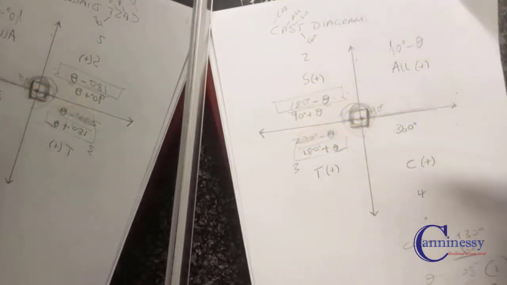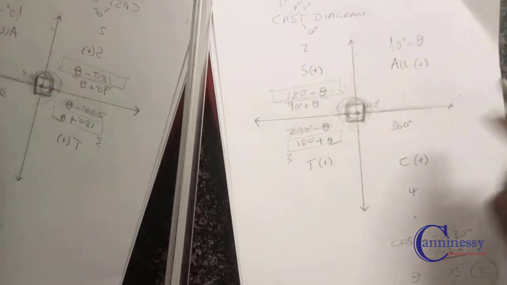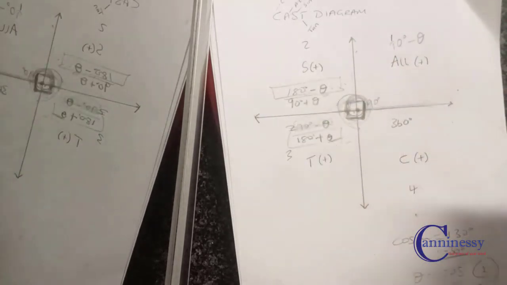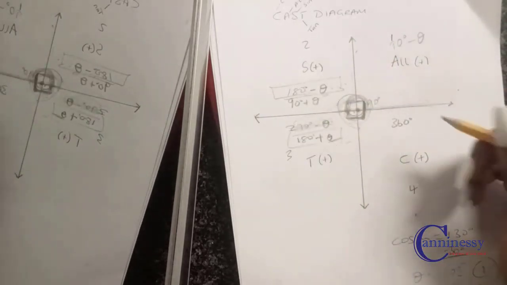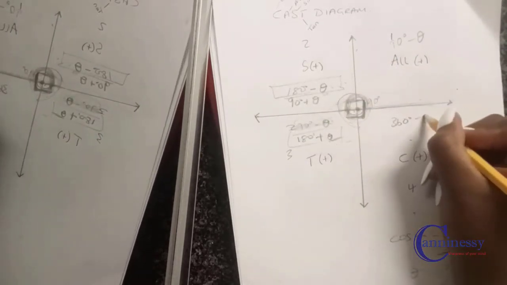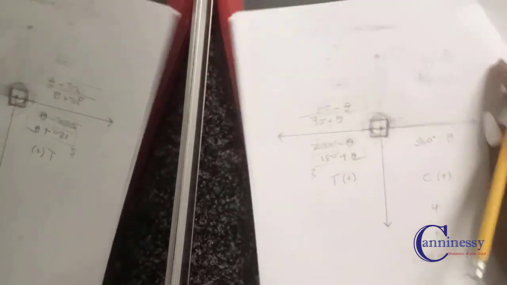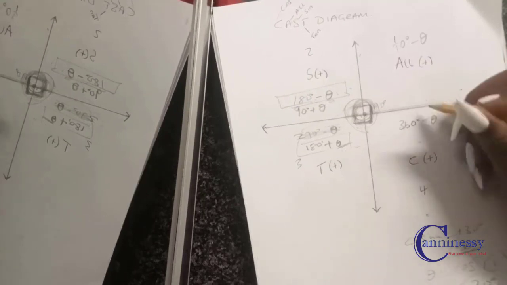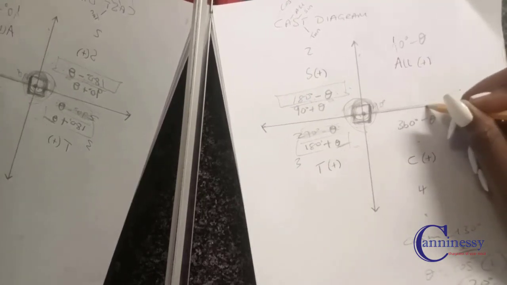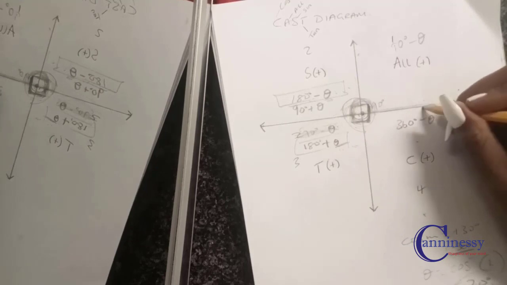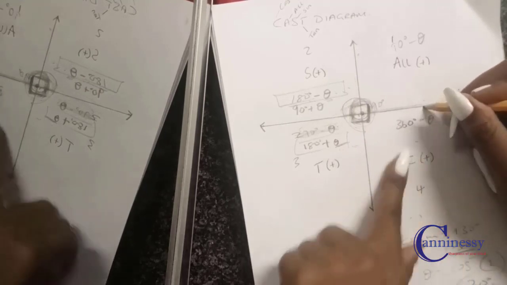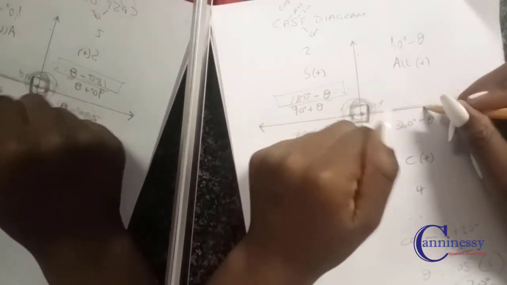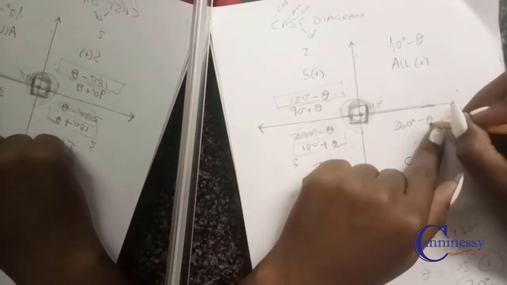It's a revolution. So the angle that is here is 360 minus theta. That is the condition in the fourth quadrant, because the maximum that you can get in the fourth quadrant is 360 degrees. So the angle in here is either 360 or less. So that's why we say 360 minus.